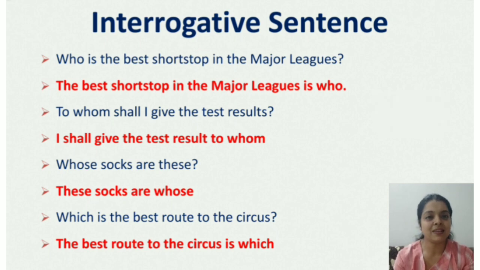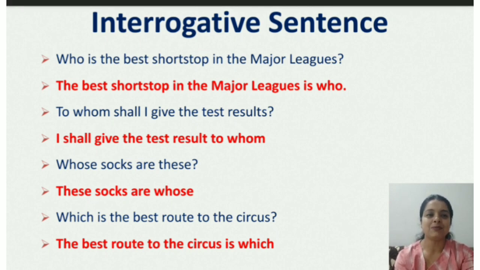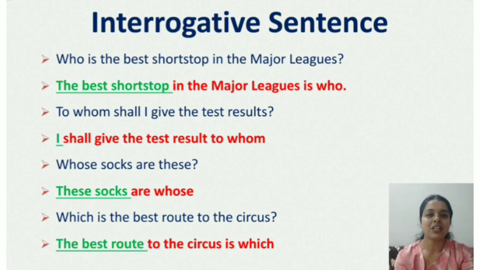The main reason is, as I told you initially, generally a sentence starts with the subject. So what I did, interrogative sentence changed into affirmative, means assertive, and after that whatever you find first is the subject. Here the subject will be the best shortstop. I shall give the test results to whom?